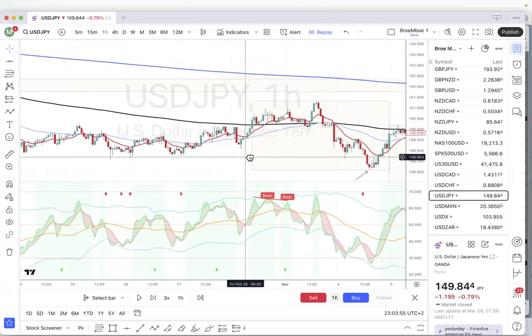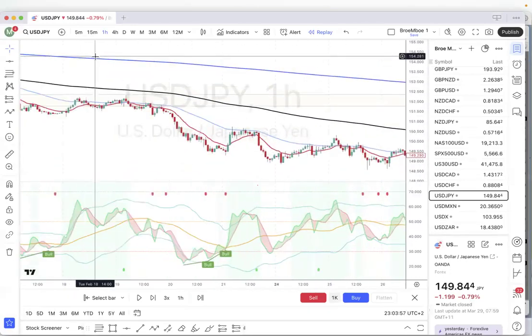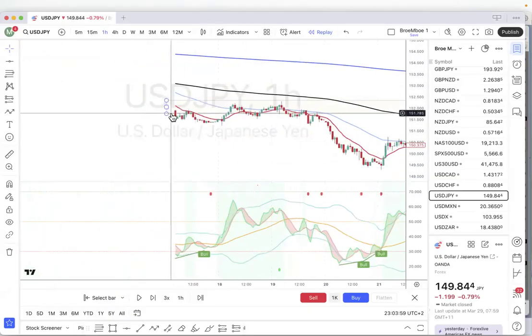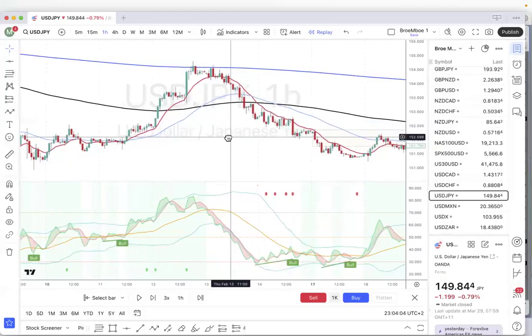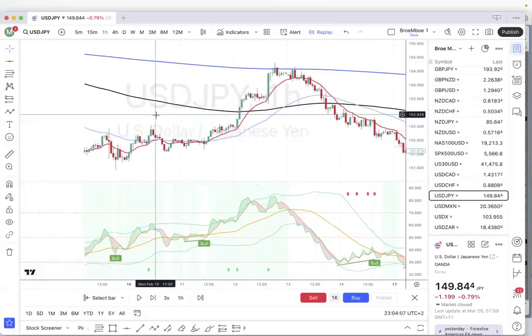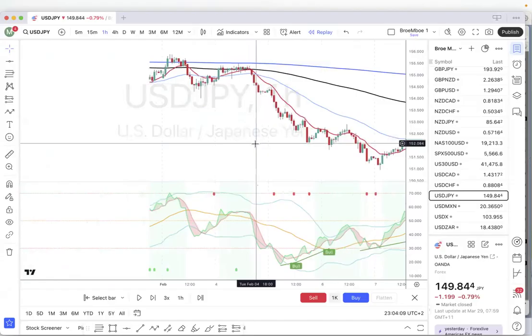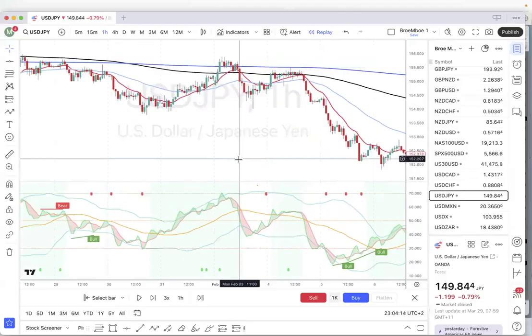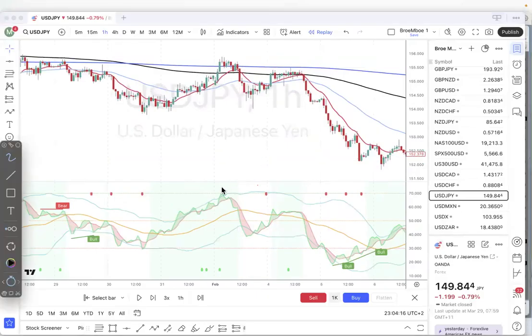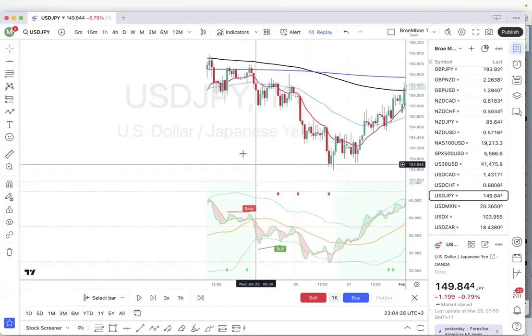Where have we turned the market around at some point? Yeah, maybe this is close. So what I'm looking for is that's my first leg and my second leg is closer to the mid 50 there. So that's where I'm expecting price to turn around from.